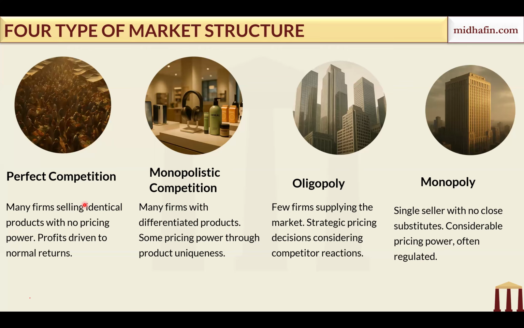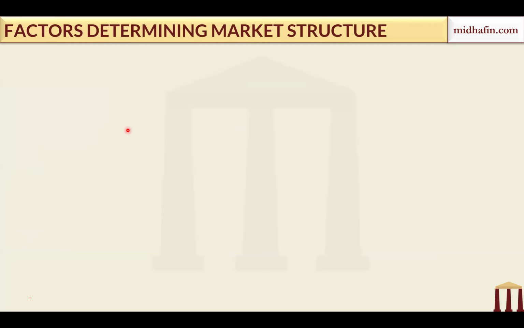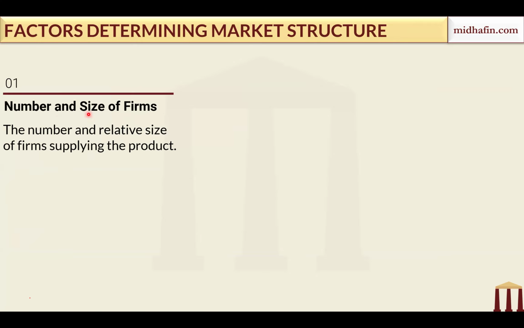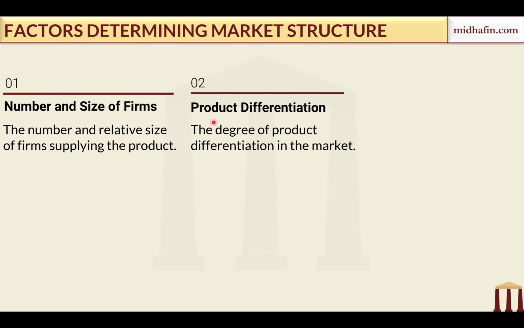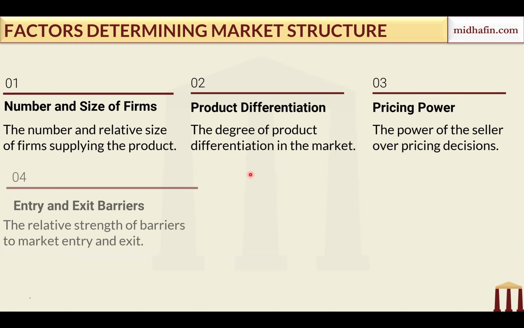Okay, so these four structures, what is the difference? If we summarize the difference, you have the number and size of firms. The number of firms and the relative size is different in each structure. The degree of product differentiation is different. Pricing power is different.